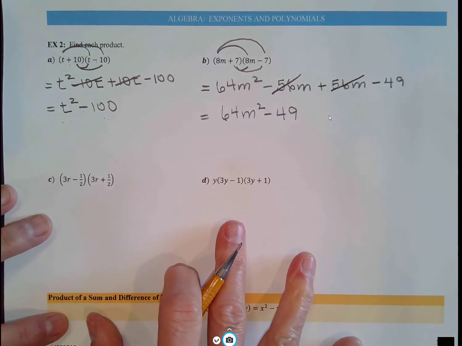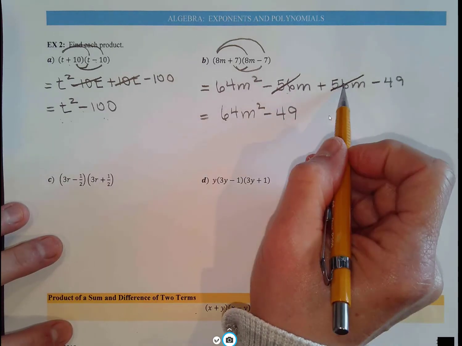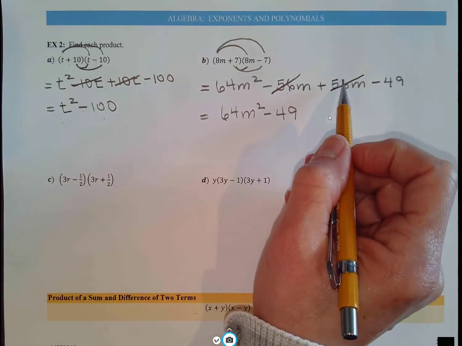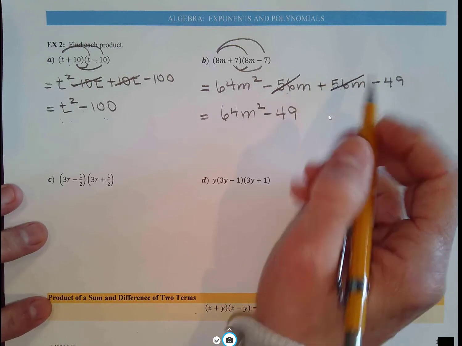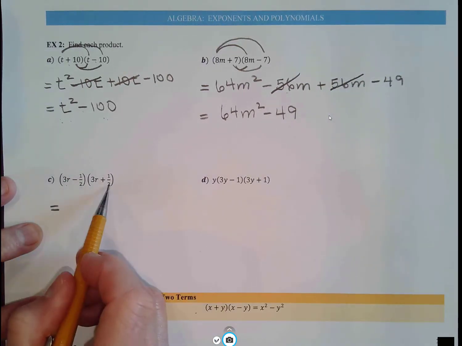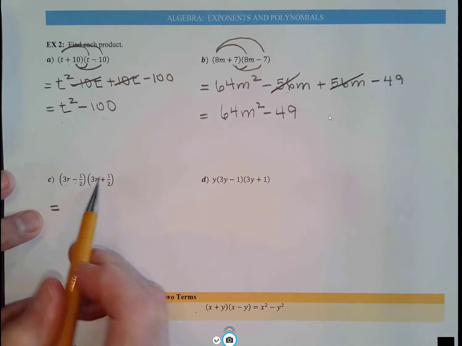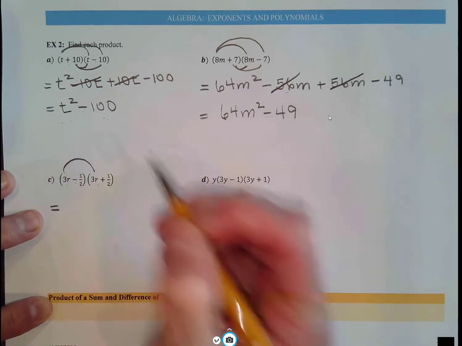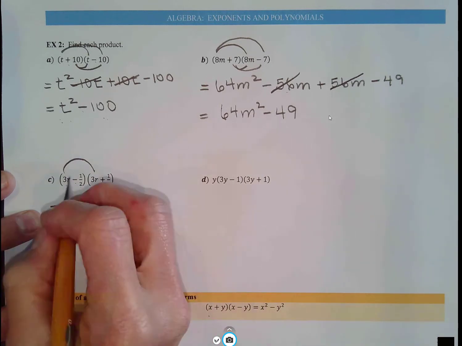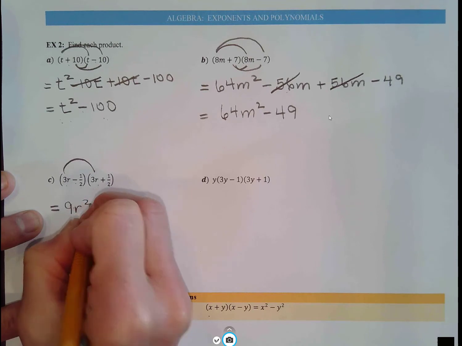Now that we've seen this twice, where our inner and outer products canceled, okay, let's pick up that pattern now and use it. In part C, we're multiplying two binomials that look exactly alike, except for the signs in between. So we know our result will look like the product of our first terms, 3r times 3r is 9r squared.